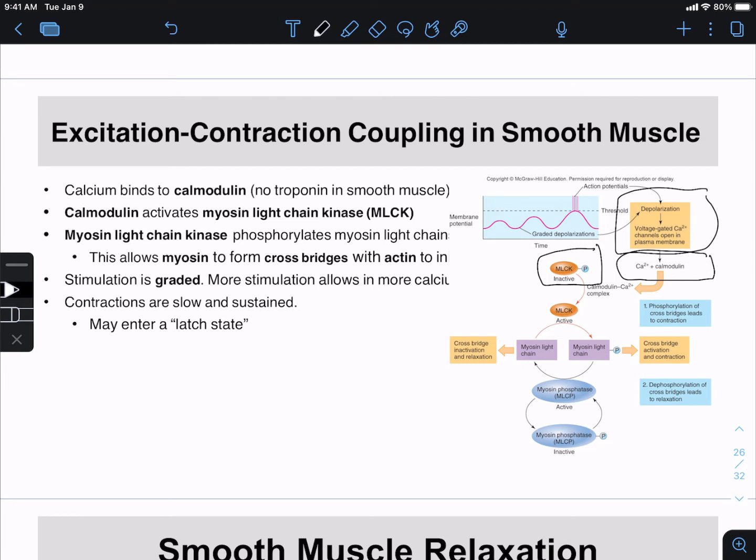And once myosin light chain kinase is activated, it's a kinase. It's going to start phosphorylating its target protein, and its target protein is, the name says it all. The target protein is myosin light chain.